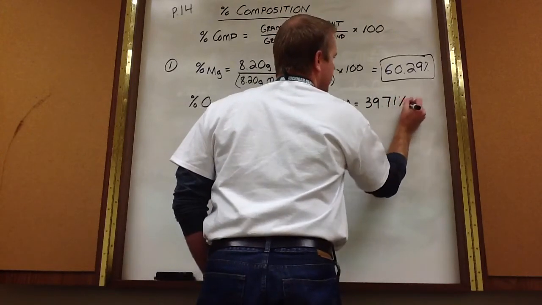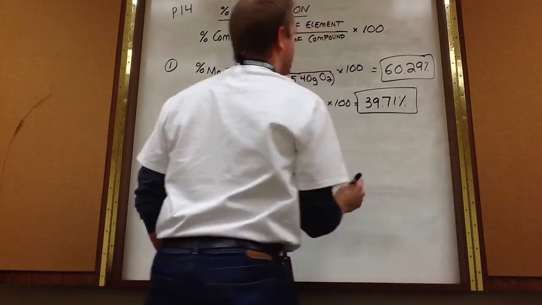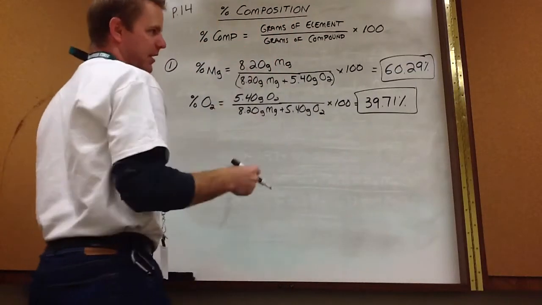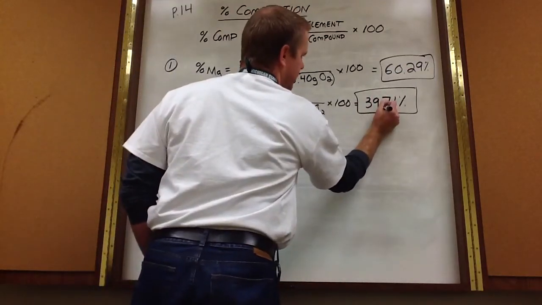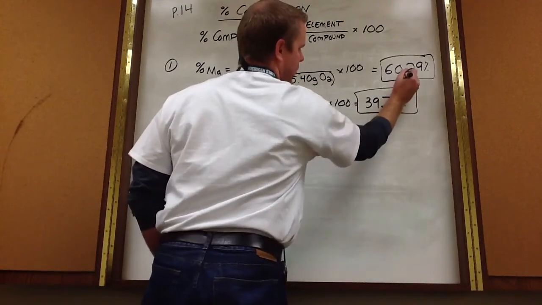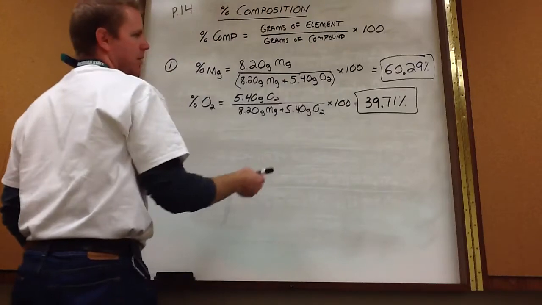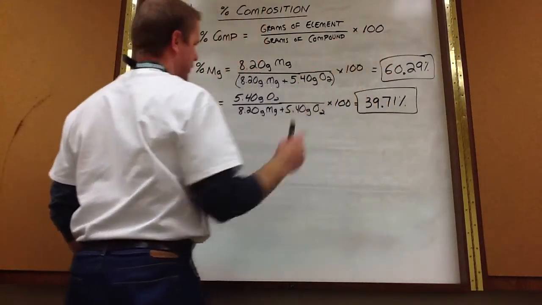The other option is, if I knew that 60.29% was one thing and there were only two things in it, then the remaining percentage, 39.71%, is the rest of it. So I could have just taken 100 minus 60.29 and gotten 39.71.